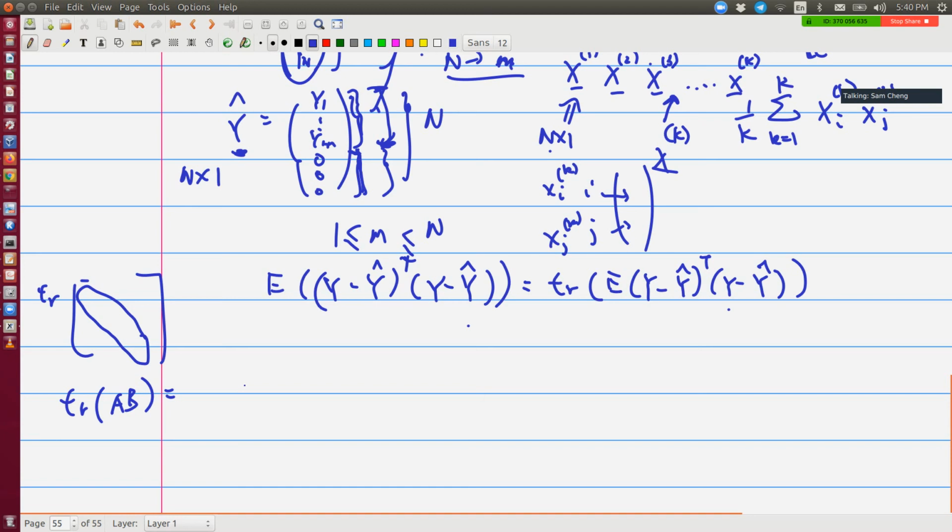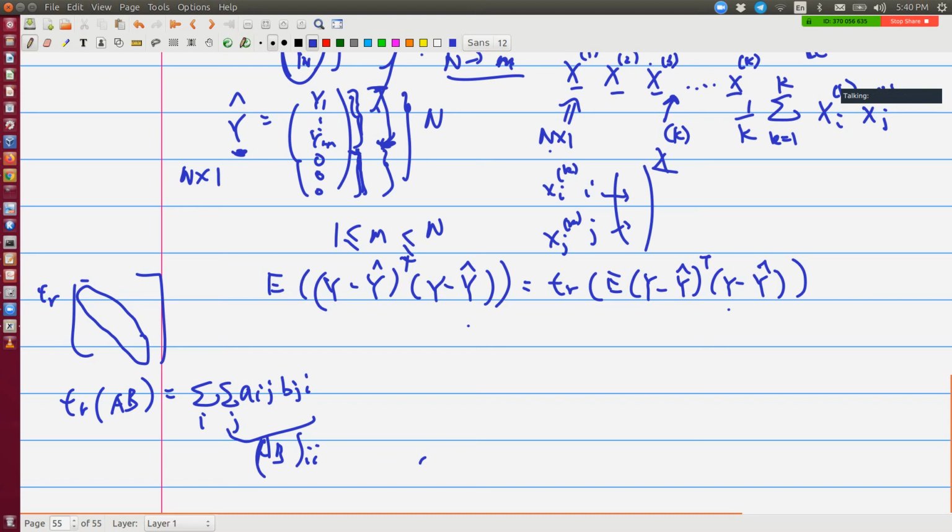it is just equal to the sum of the diagonal elements, right? So therefore it will be equal to the sum over i of the sum over j of A_ij B_ji, because this is the ith diagonal element of AB, right?